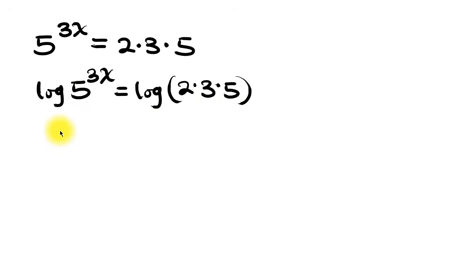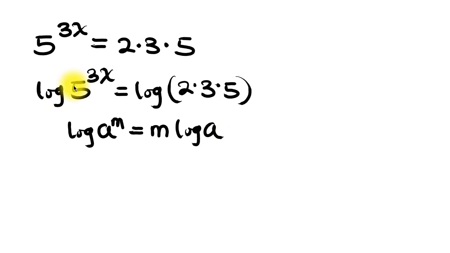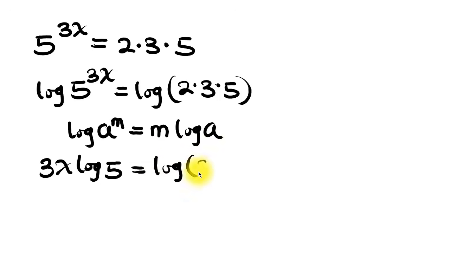The property that says when I have the log of a to the power of m, just as we have here, this is equal to m times the log of a. Very good. That means this expression can be written as 3x times log of 5. And this is equal to log of 2 times 3 times 5.